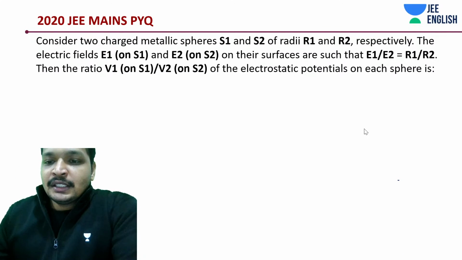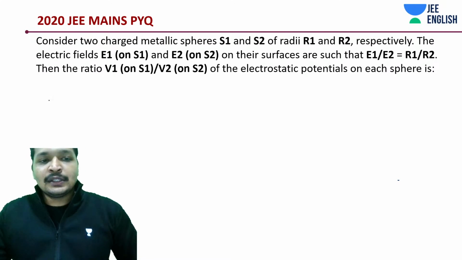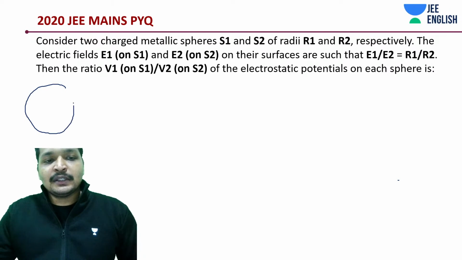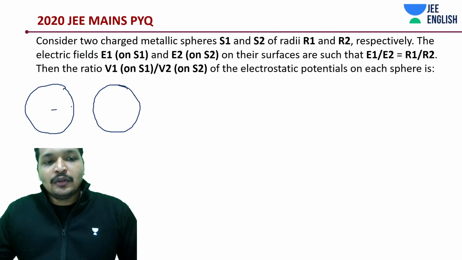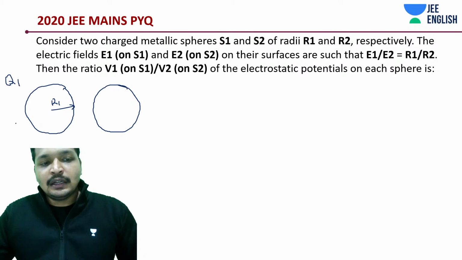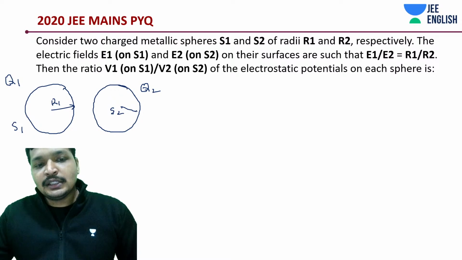I'm pulling up the same two spheres. One sphere has radius R1, charge Q1, and we call it S1. The other one is S2, has charge Q2, and radius R2.